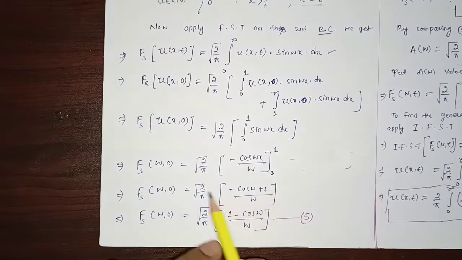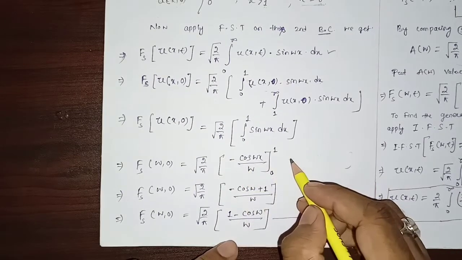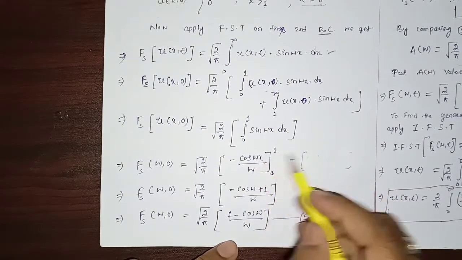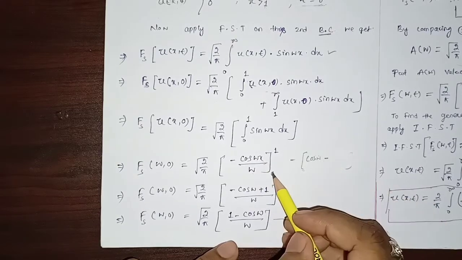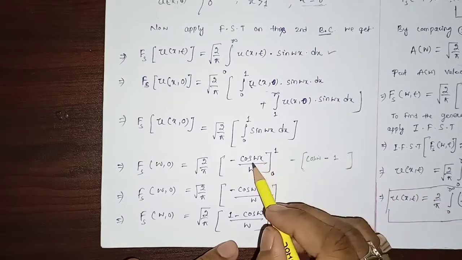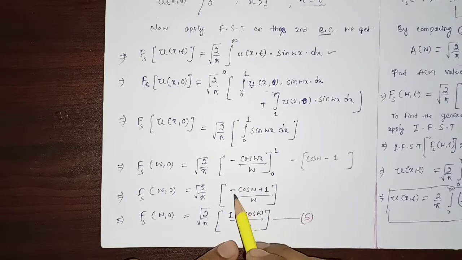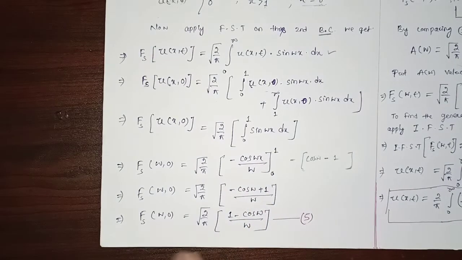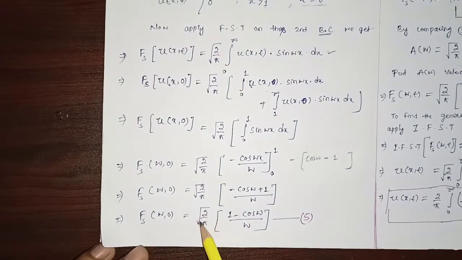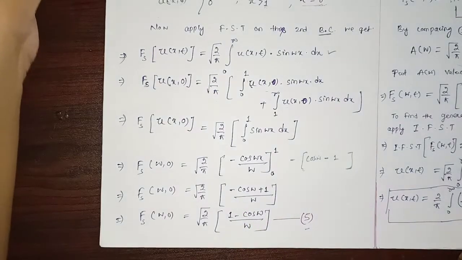So this value will be root of 2 by pi times minus cos omega plus 1, over omega, because the minus is there, and putting in the limit, cos omega minus cos 0, where cos 0 is 1. So Fs(omega, 0) equals root of 2 by pi times (1 minus cos omega) by omega. Let this be your equation number 5.